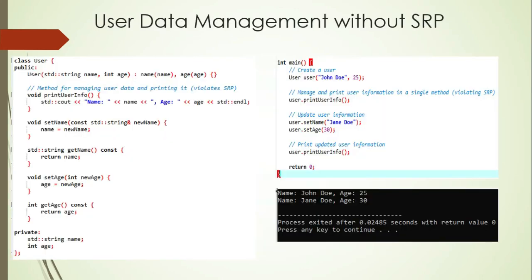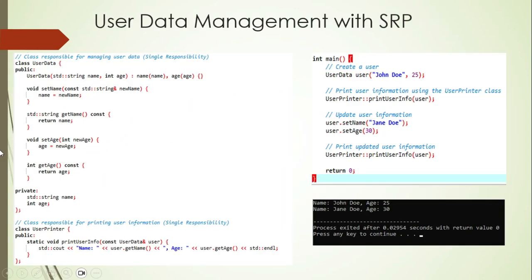a specific responsibility. Now see this example. It is a user data management, which is following the SRP. You can see here the class UserData. The UserData class is designed to store and manipulate user information such as name and age, and it has private member variables and public member functions.